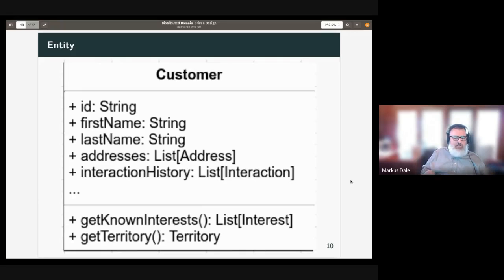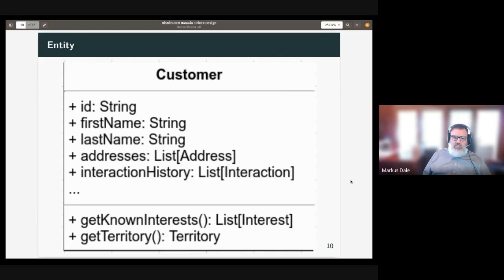And then the important thing about domain-driven design is we design, and this is a lot like object-oriented programming, objects that have state, so those are the attributes, but they also have rich behavior. And the behavior, these methods that they have, like get known interests or get territory, reflect what the domain experts typically do with those types of objects.